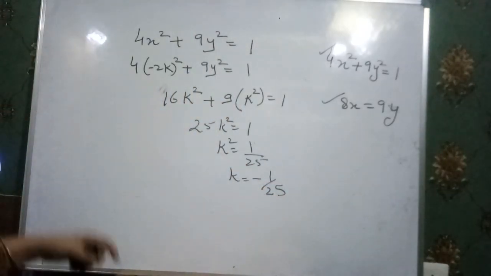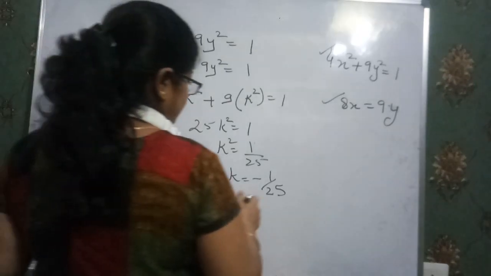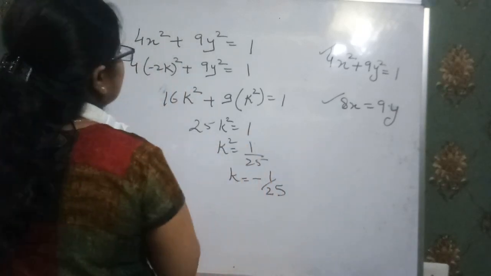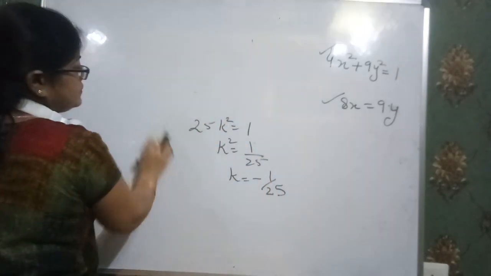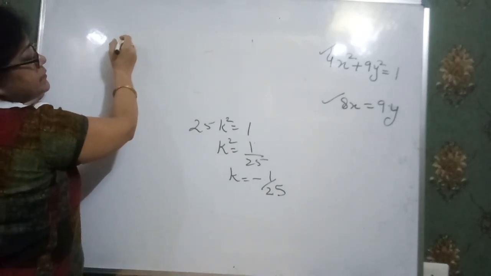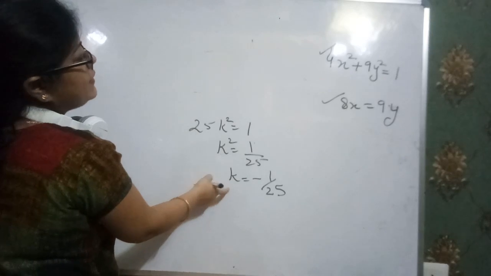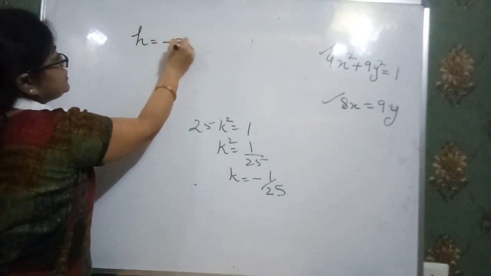Clear? Now we have to find the two values. Here h is equal to minus 2k.